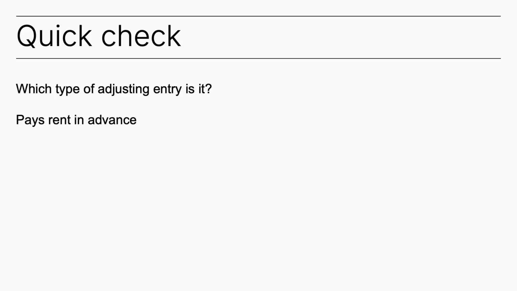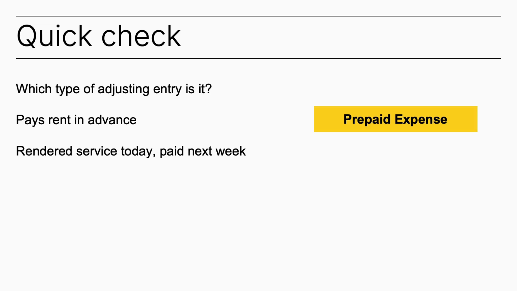Paying rent in advance. This is a prepaid expense because cash is paid first, but the benefit, using the office space, happens over time. Rendered service today, but paid next week.